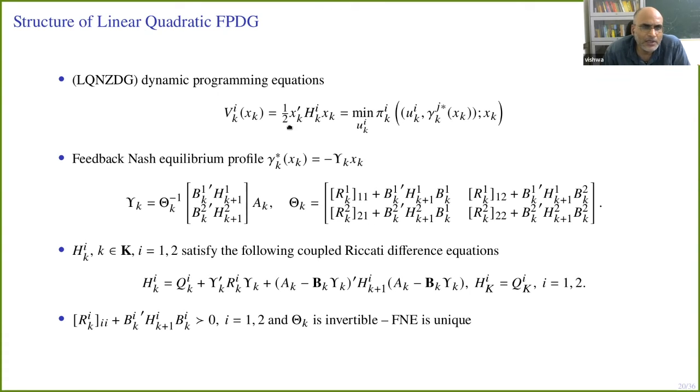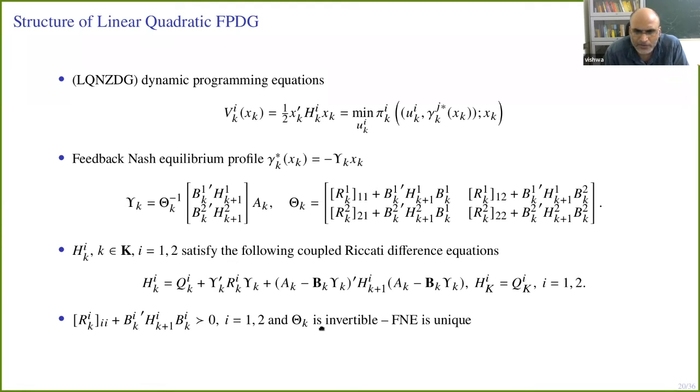Here these H^k_i matrices are obtained by the recursive, coupled Riccati difference equations, which run backwards in time. These are initialized at Q^K_i associated with the terminal cost, and one can obtain them backwards in time. Once game parameters are given, I can compute all these matrices.